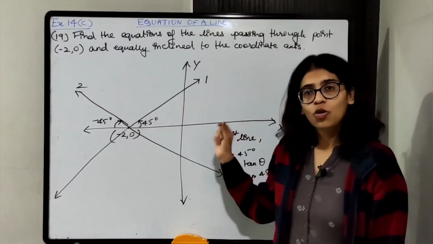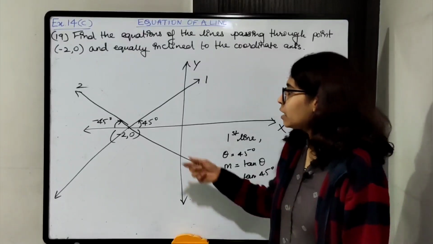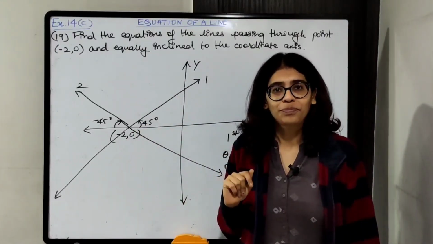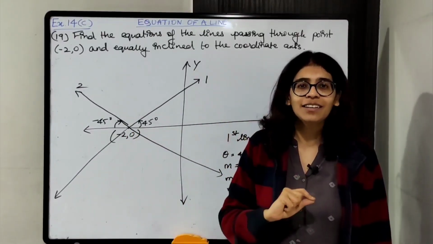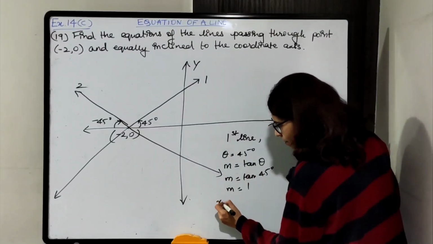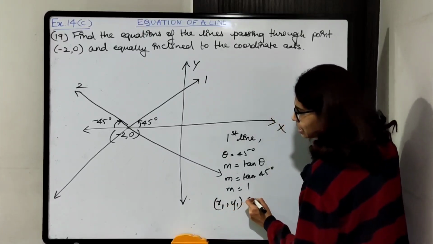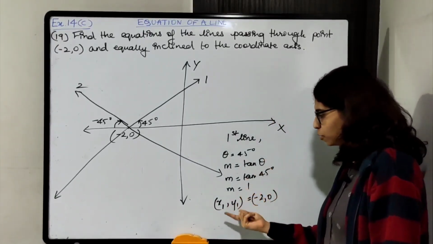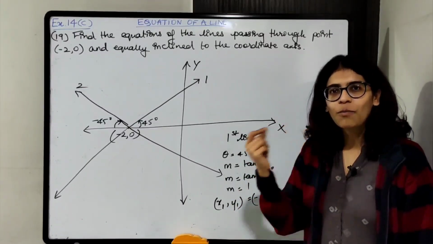Now slope easily mil jayega for the equation of the line. We need slope. What else is given? This line is passing through minus 2 comma 0. It is passing through this point, so the point ka coordinates diya hai. Coordinates are given, so x1, y1 diya hai, it is minus 2 comma 0. You know m, you know x1, y1. Which form? It is point slope form.